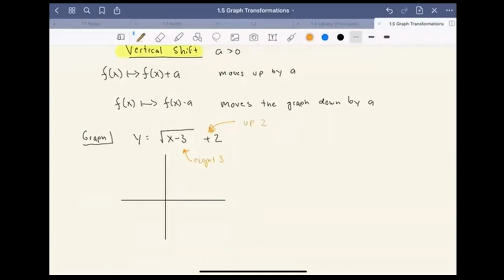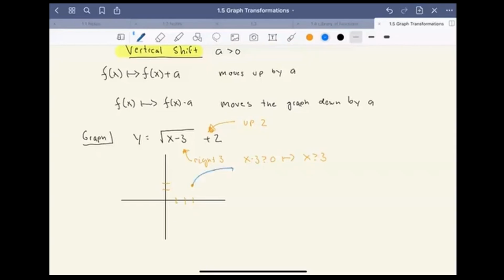Okay? All I have to remember is if I'm having trouble with the horizontal shift, just remember x minus 3 needs to be bigger than or equal to 0. So x needs to be bigger than or equal to 3. I go there, and then I just draw the square root function.